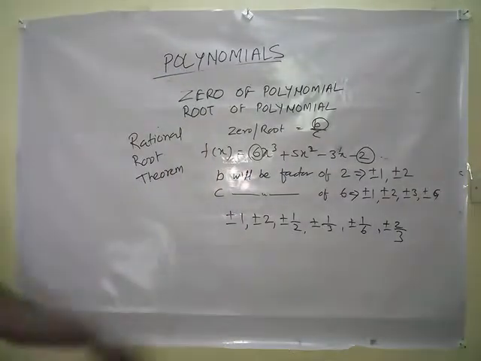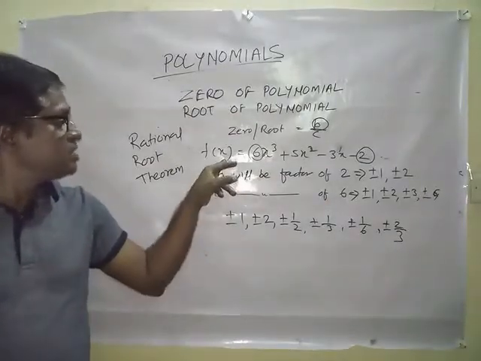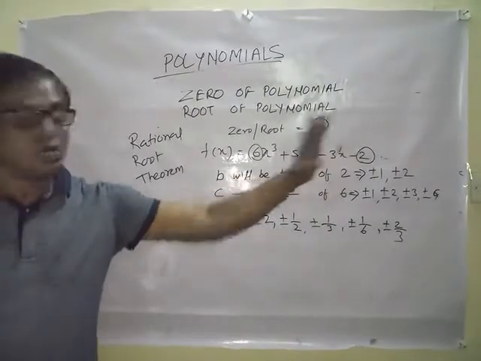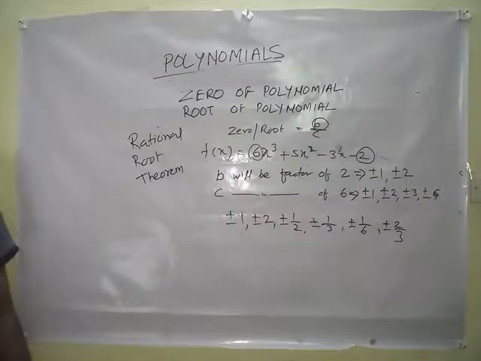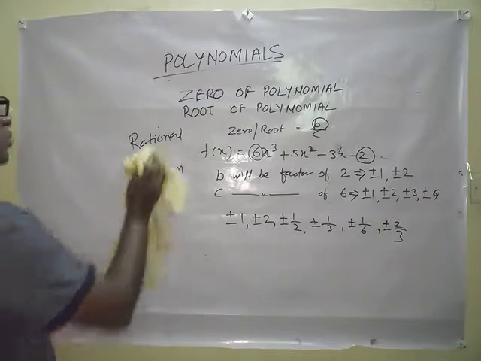So with this you will keep on finding which value has to be placed here so that you can get this equation equal to 0. Now if a zero or root of a polynomial equation... here, like you see, this is the rational root theorem.